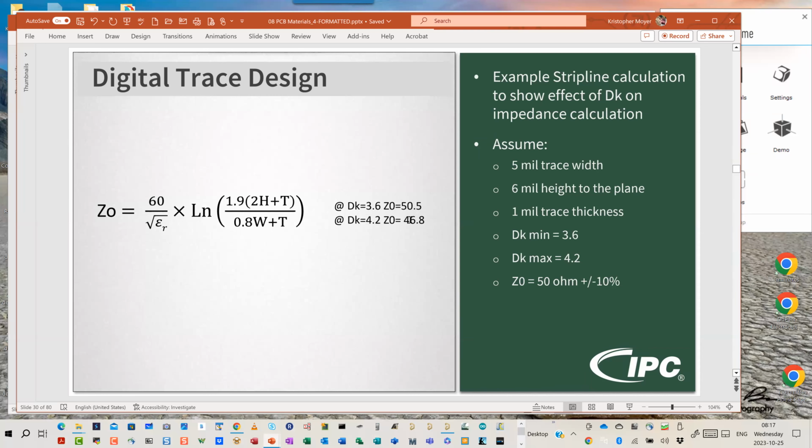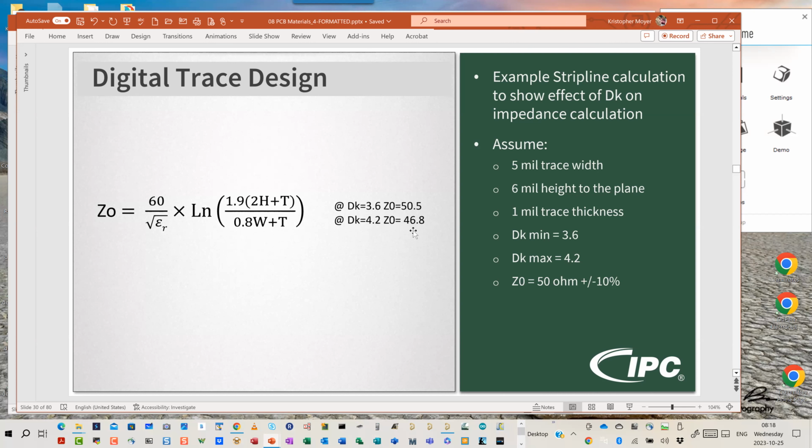Now, most people would say, well, you're still within tolerance. The problem is this becomes the nominal characteristic impedance. And then remember that there's the fabrication allowances, right? The fabricator might over etch or under etch, overpress, underpress, and so on. We'll talk about all that next week when we get to manufacturing.